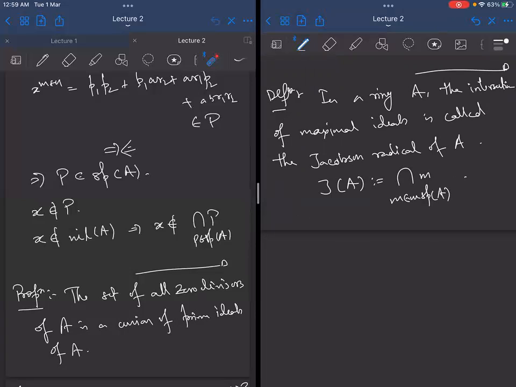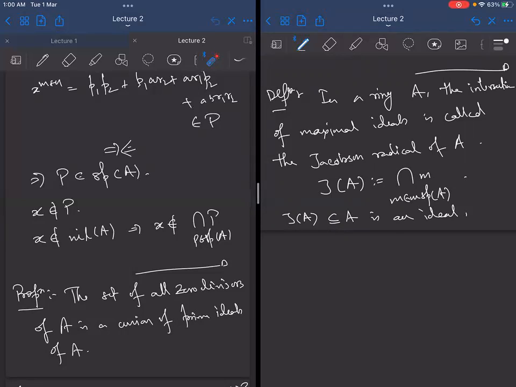Okay. So one result I would like to mention is that it's very trivial to check that if you take the intersection of any family of ideals, then it is again an ideal, and therefore the Jacobson radical J(A) is clearly an ideal of A. Okay, and one more clarification I wanted to make is that for now, the symbols Spec A and M-Spec A just denote a set.